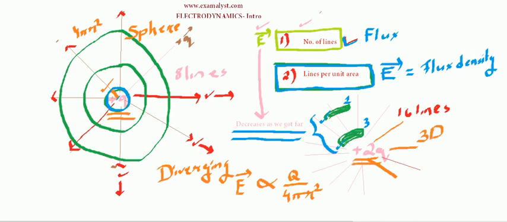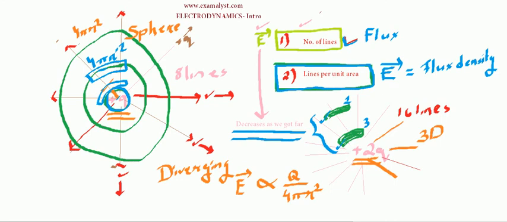If I go to a bigger sphere, with surface area 4 pi r dash square, where r dash means I went to another bigger sphere, here the electric field is less. If I take a unit area on this sphere, the number of lines passing through the unit area is 2, and in the smaller sphere it is 3.